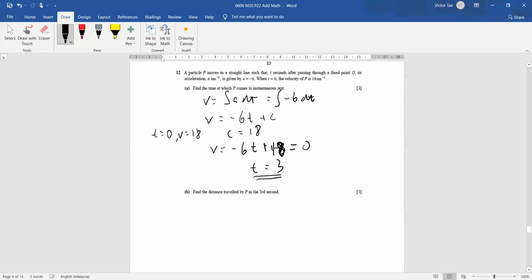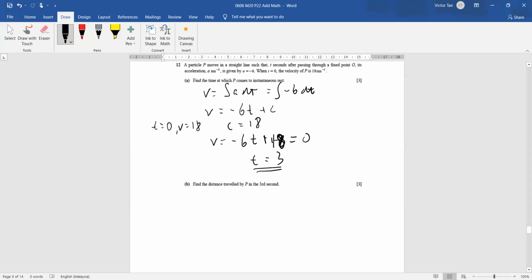Find the distance traveled by P in the third second. The third second means from the second to the third second, t equals 2 to t equals 3. Since it stops at 3, it's safe to just use integration from 2 to 3 of minus 6t plus 18. So you have minus 3t squared plus 18t.